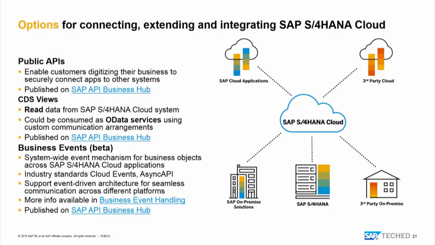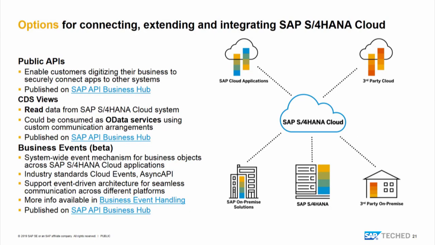SAP is part of a consortium that came up with a new standard for these business events called Cloud Events, at cloudevents.io. This new industry standard is still in its version 0.3, and it's supposed to mature to version 1.0 later this year.